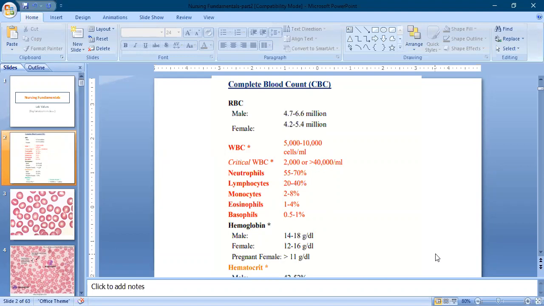The target hemoglobin level in case of a pregnant mother is more than 11 gram per dL.